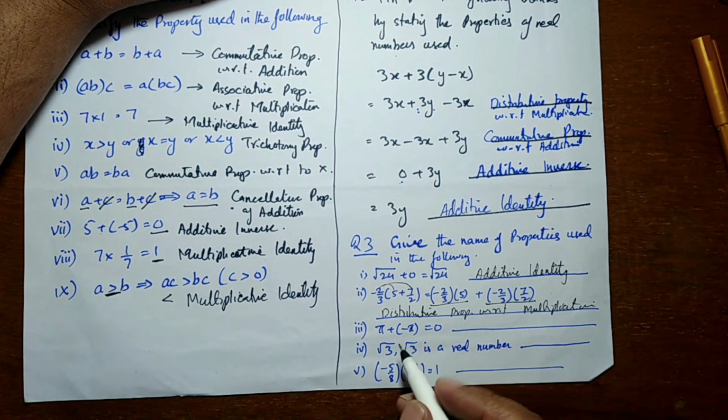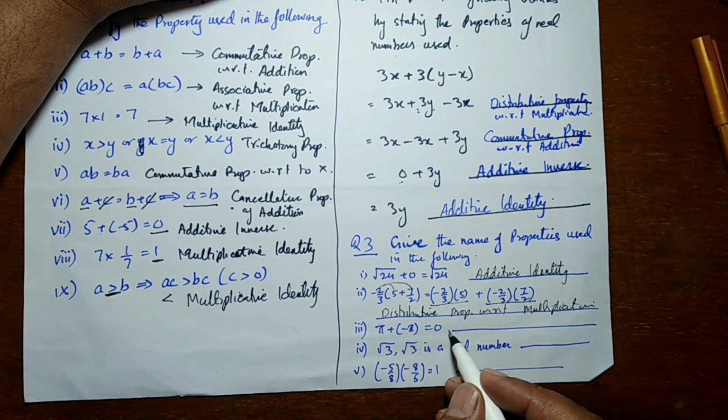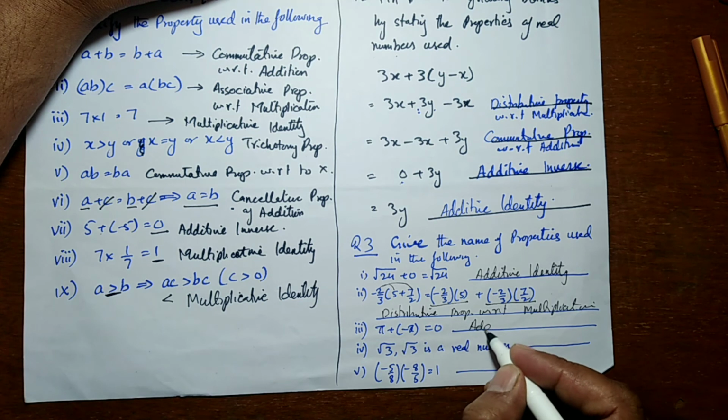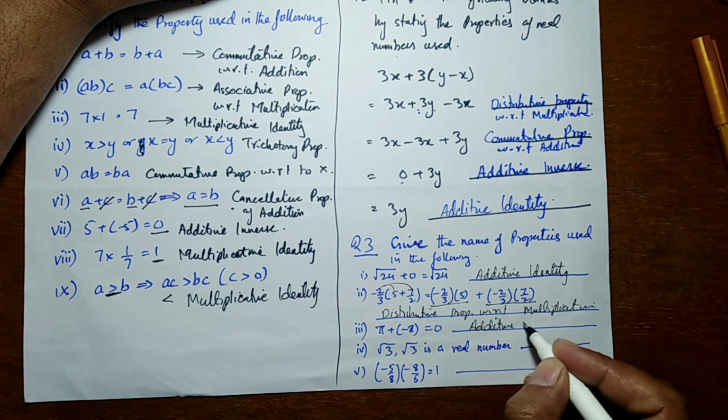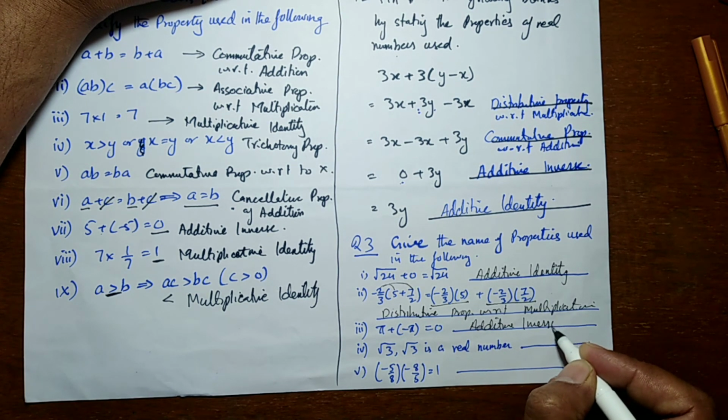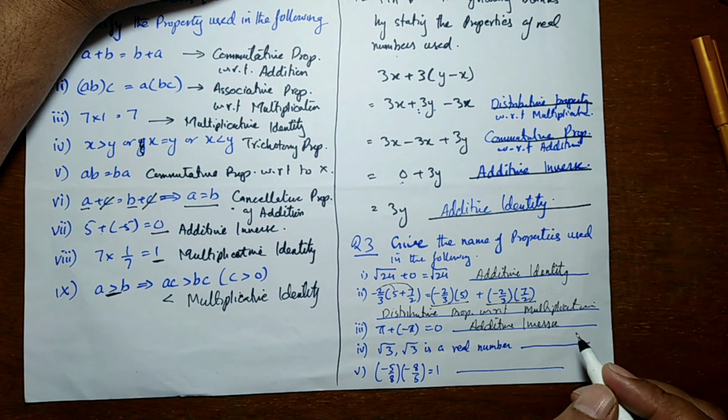Okay. Now the number is added to its own additive inverse, you get the answer 0. So the property additive inverse is used here.